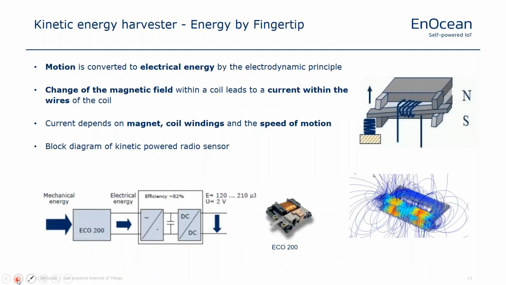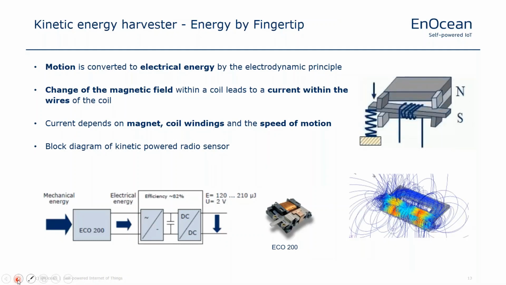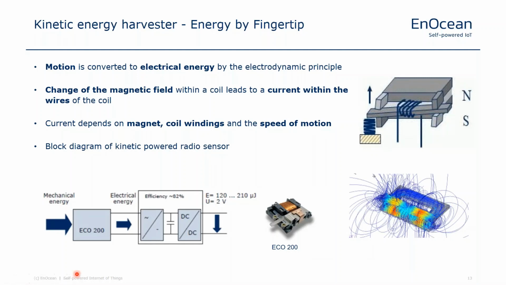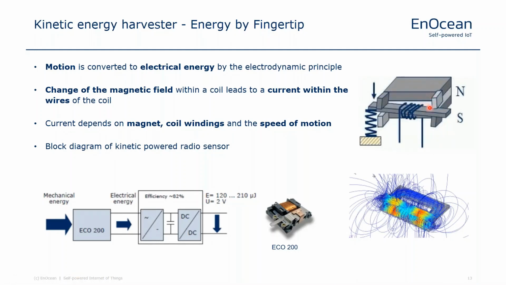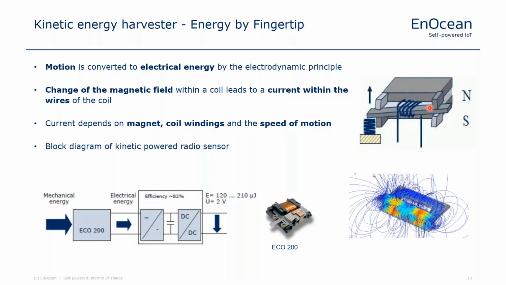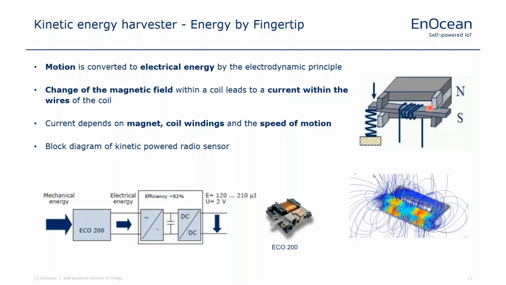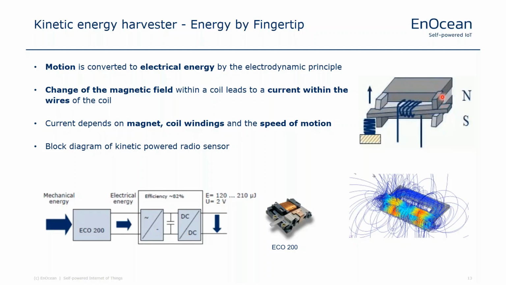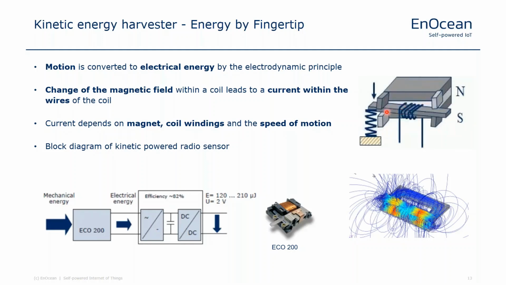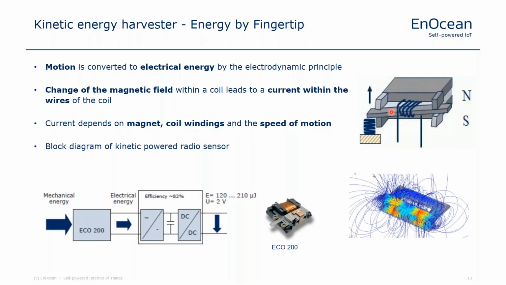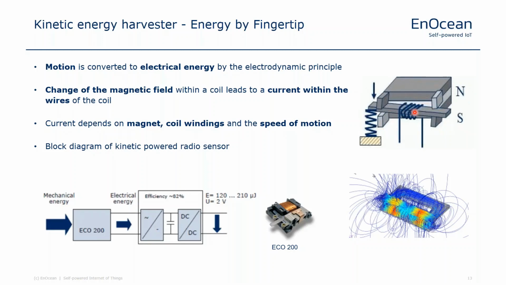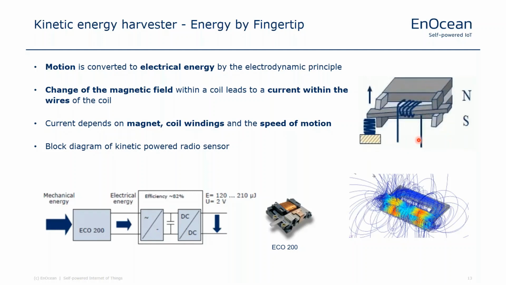Okay, coming to the kinetic energy harvesting. This is just getting the energy by fingertip. On the right side, you'll see a small animation demonstrating this. The motion is converted to electrical energy by the electrodynamic principle. There's a magnet and a coil with wires inside, and the change of the magnetic flux leads to current in the wires.